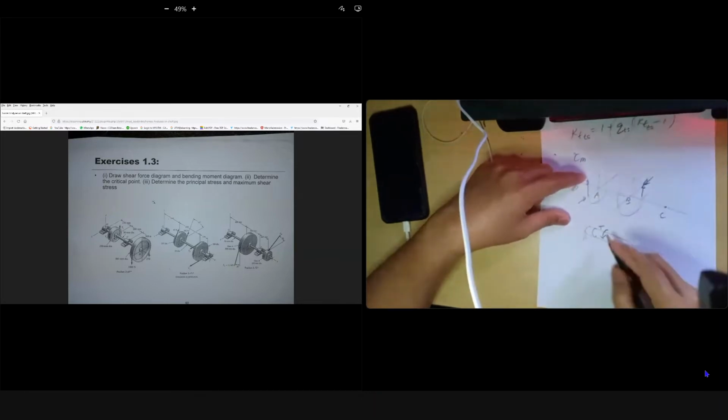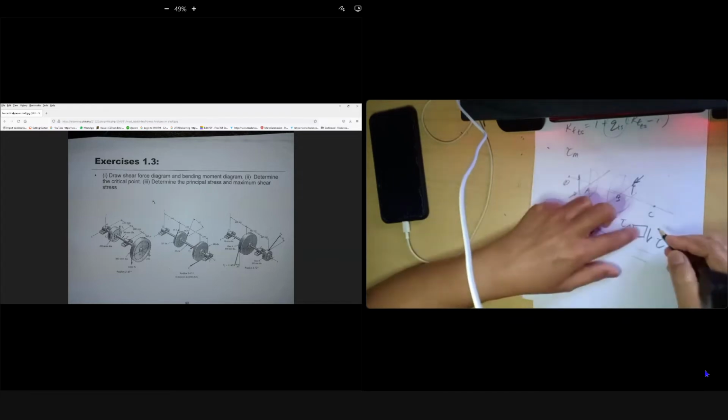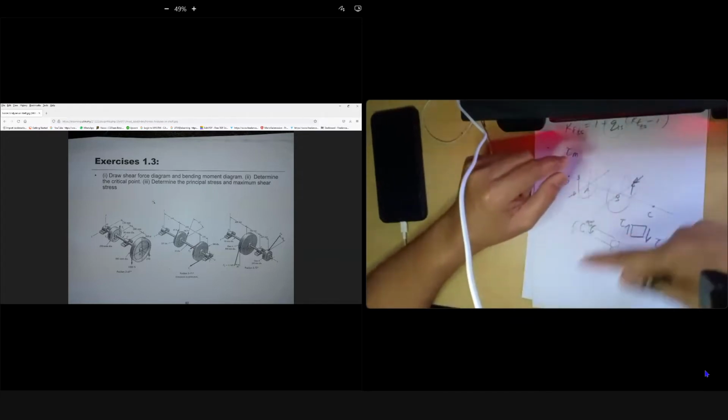The direction of your torque gives torsional stress. Your torsional stress is like that, because the shaft is rotating. So this is your element, and your torsional stress is like this. The left hand is going upward, so it remains the same.